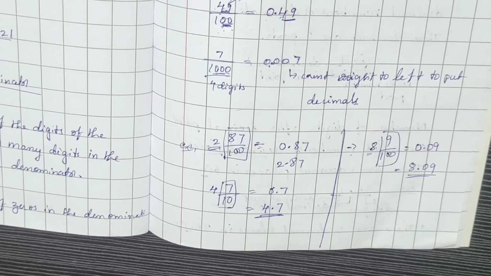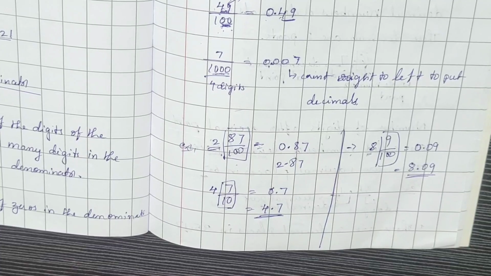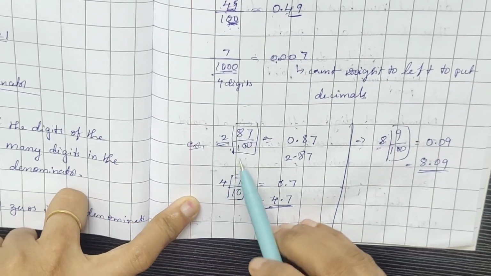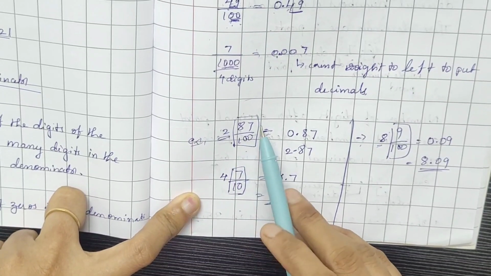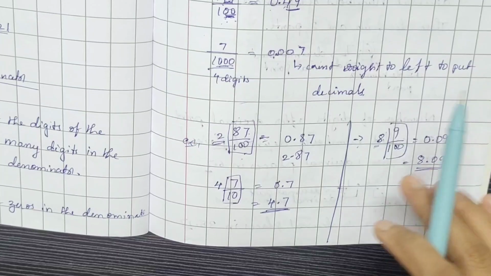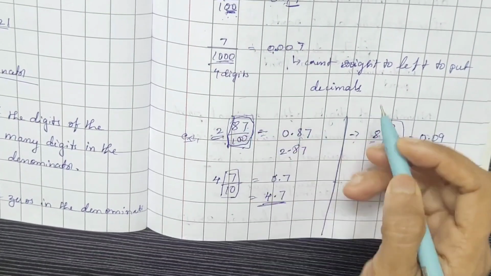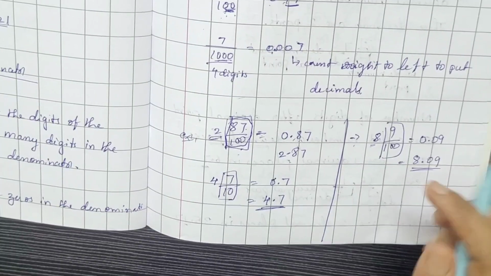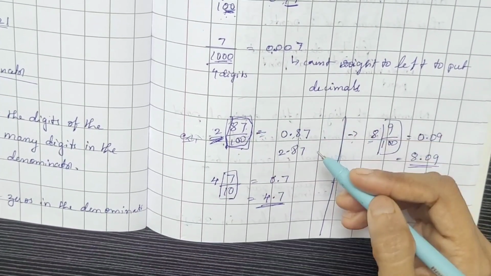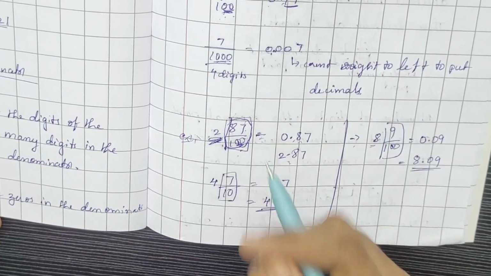Next, how to convert a mixed number to decimal. Here 2 and 87 by 100 is an example. First we have to convert this to a decimal. 2 is a whole number. Leave that. We have to convert the fraction to decimal. How to convert this? We can't put 2 zeros, I already told you.